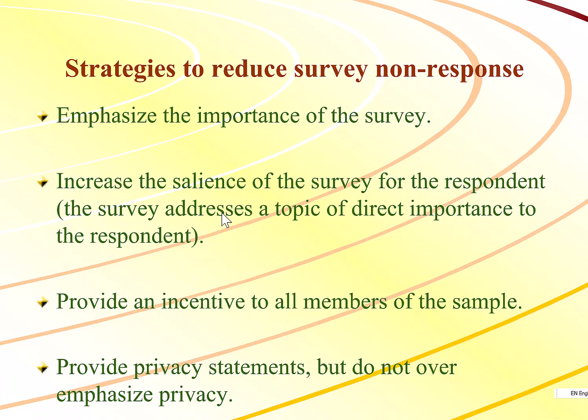To reduce survey non-response, the methods for design of adequate cover letter, pre-notes letter, and every contact with the respondent will help you reduce survey non-response, as well as incentives.